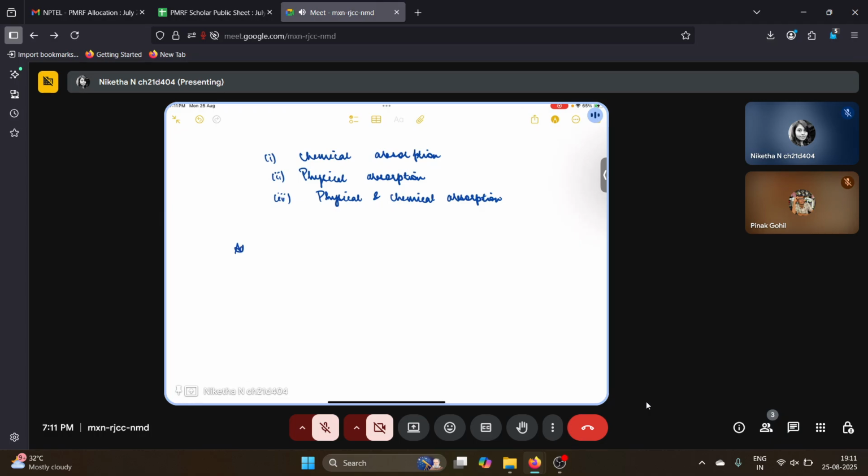Okay, and then talking about adsorption. There are different types of adsorbents used. Some of them are silica gel or activated carbon, even molecular sieve, activated alumina.